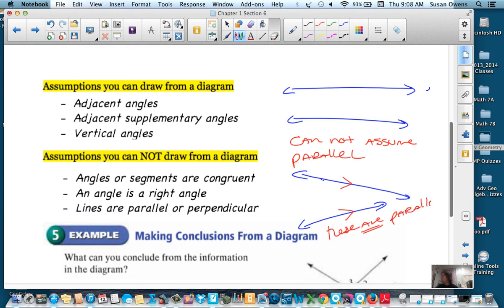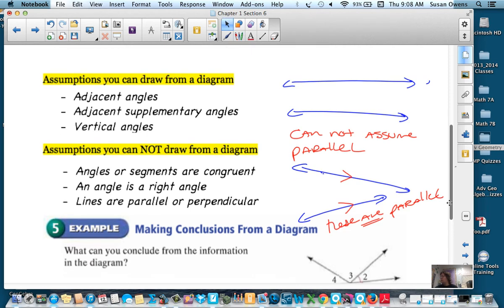Even if they don't look parallel, because I have denoted them, I have given that they're parallel, now they're parallel lines. Okay? So if it looks like it's parallel, but I don't put a symbol on it to denote they're parallel, you can't assume they're parallel. Even if they look like they can't be parallel, but I put a little symbol on them that shows that they're parallel, they are parallel, even if they don't look it.